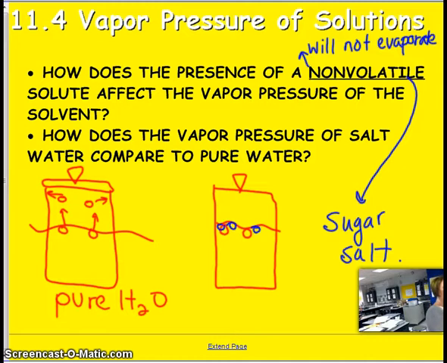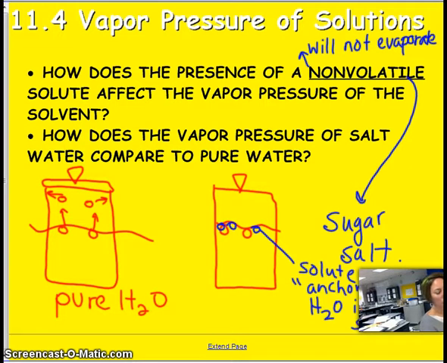And remember, there's an attraction between the solute and the solvent. The water surrounds the solute and is attracted to it. And so you can think of the solute sort of as an anchor. It attracts the water in the solution and limits its evaporation.